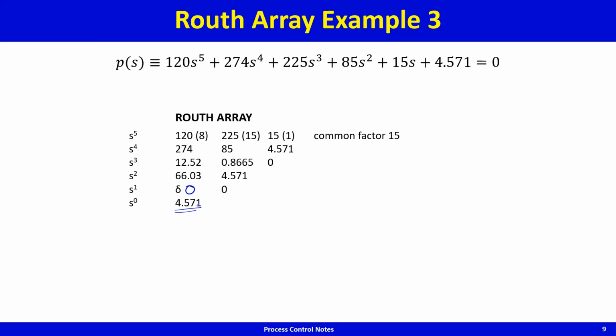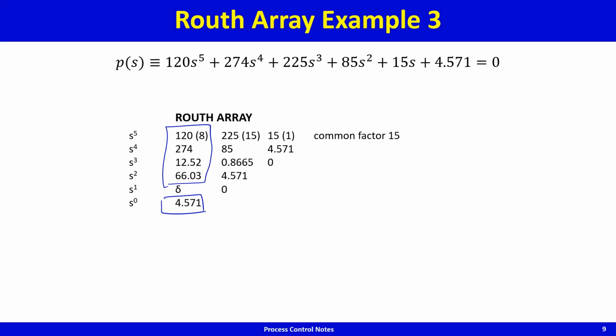And what you find is that if I look at the signs above, all positive. If I look at the signs below, all positive. That means there are no right half plane roots.